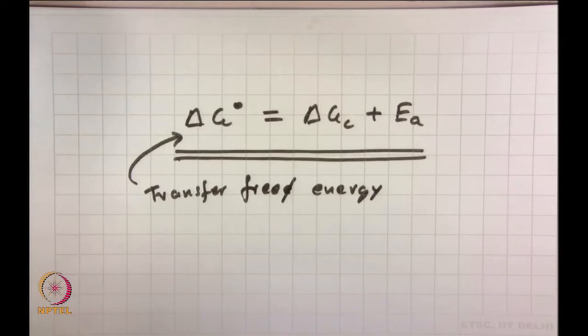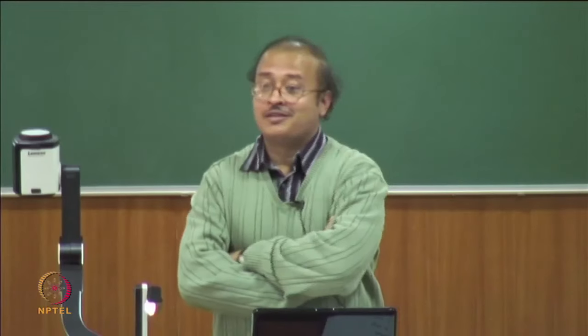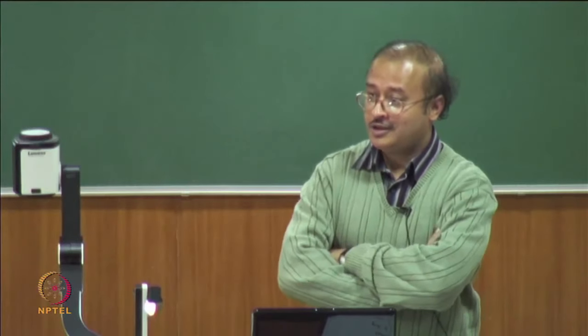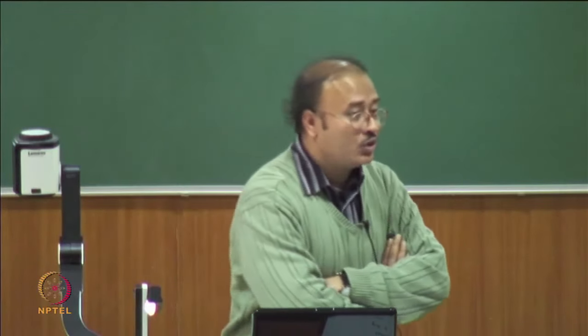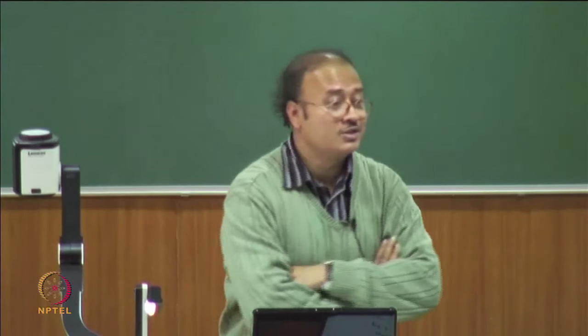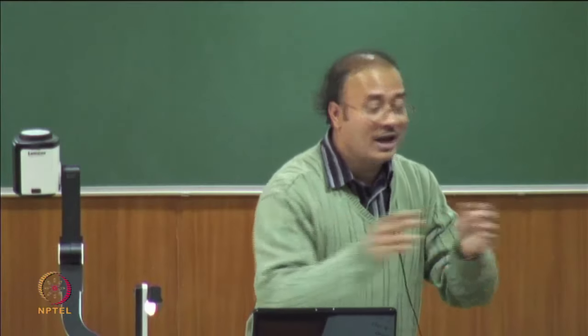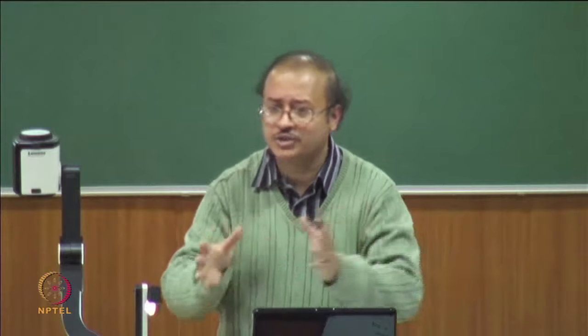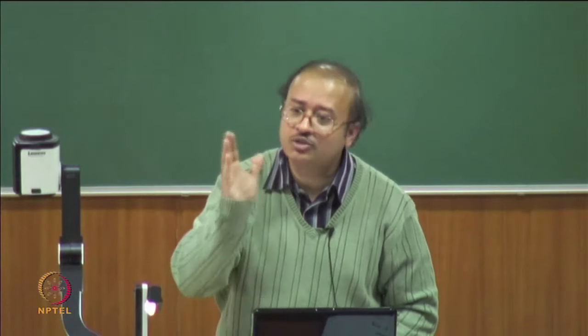So, whether this transfer is favorable or not favorable is dictated by two terms, delta G C and E A. Now, remember, if you think about what we know with regards to the hydrophobic effect, this E A is the one we think is the main culprit, because your interaction between a hydrophobic molecule and water, based on regular solutions, regular hydrophobes in oil in water, is unfavorable.